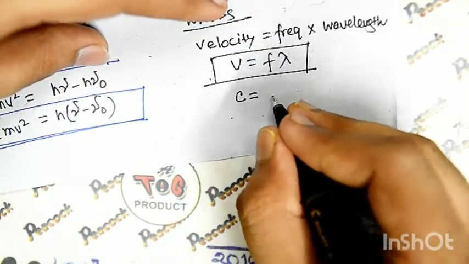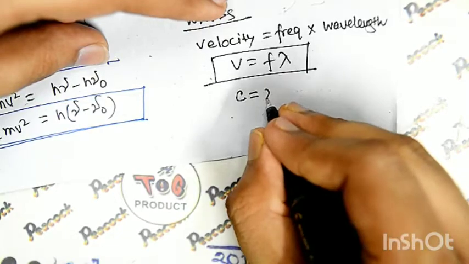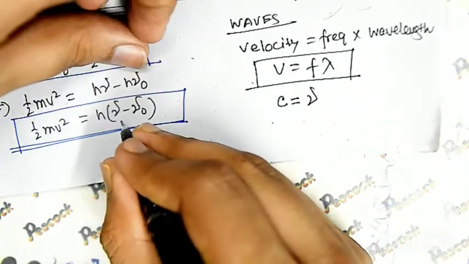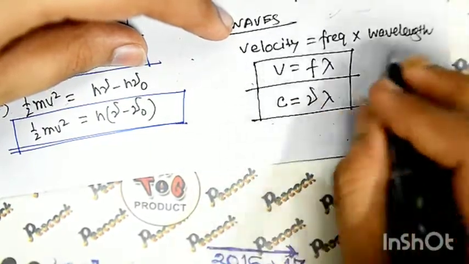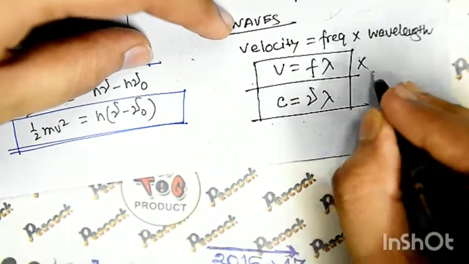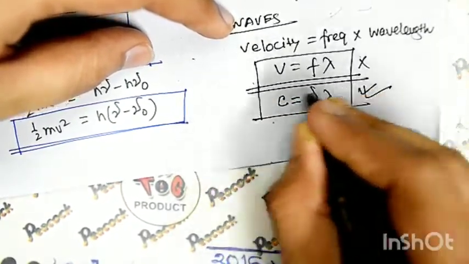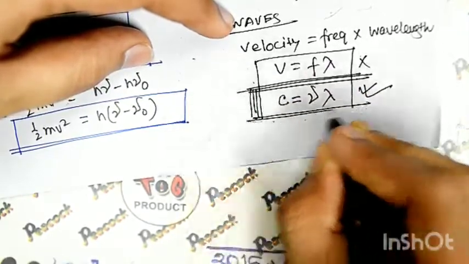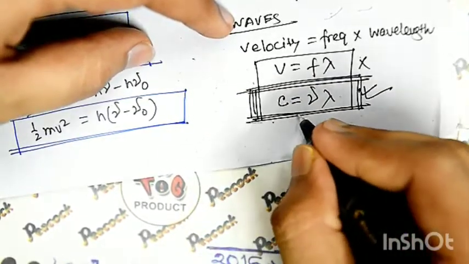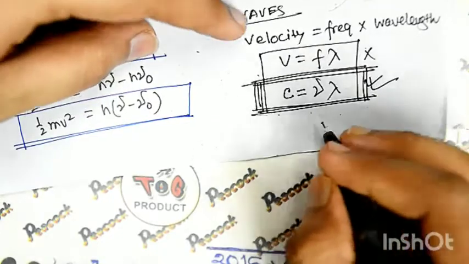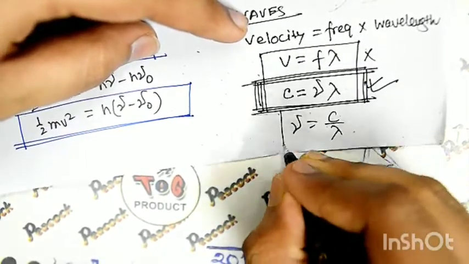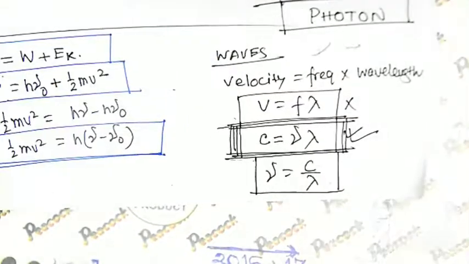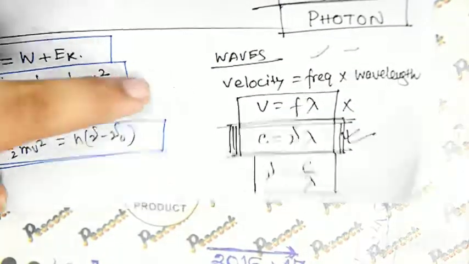Frequency f is not represented by f but given as nu, as we have seen in this expression, and wavelength is lambda. So instead of the previous wave theory equation, we use this equation in our work. Clear? Now c equals nu lambda, so nu equals c by lambda.